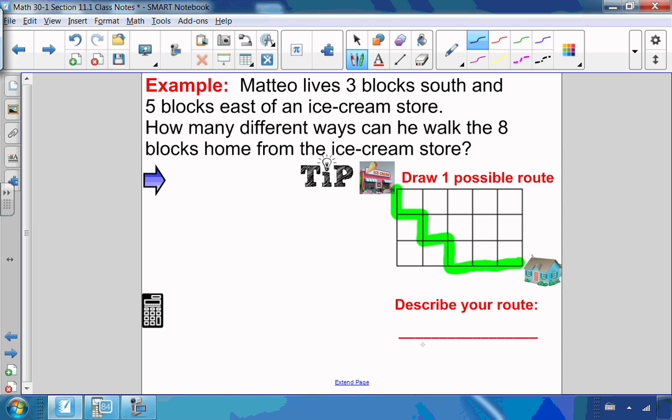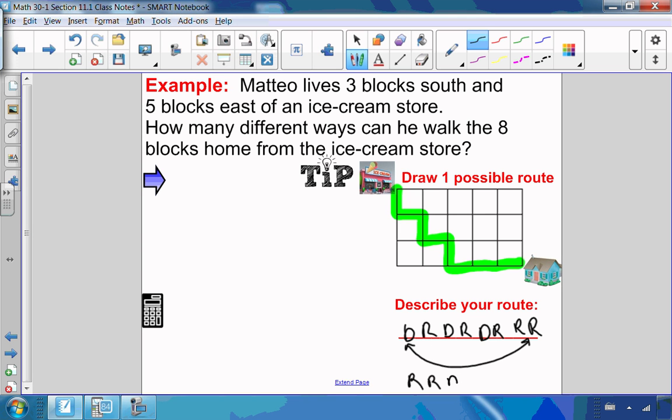So to describe my route, I would say I went down and then right, down and then right, down and then right, and then right, right. But that is only one possible route, okay? So really what this is, I can shift around these letters. Let's say, for example, I interchange these two. That would be an entirely different route.